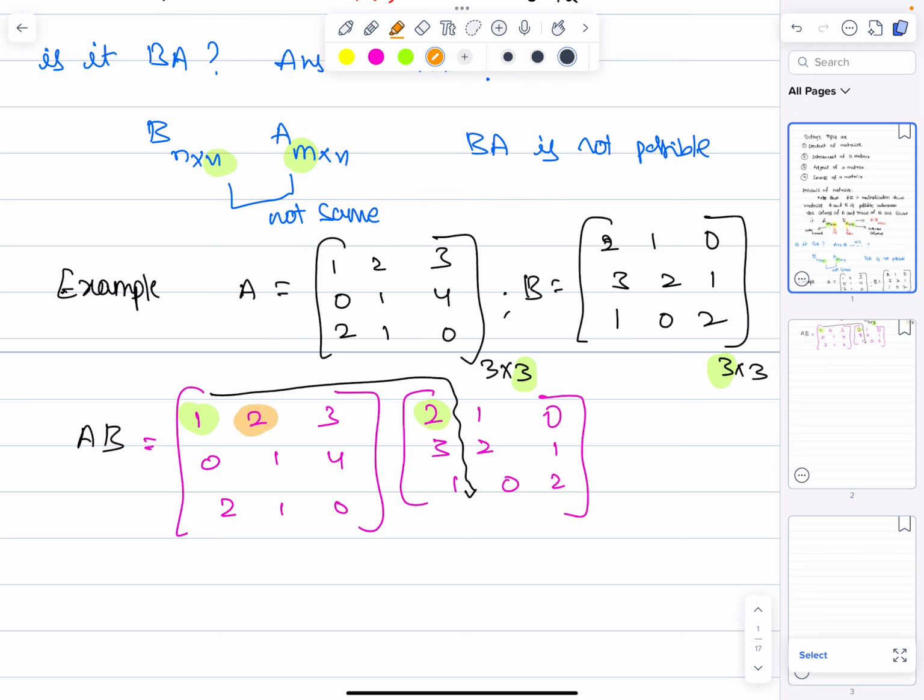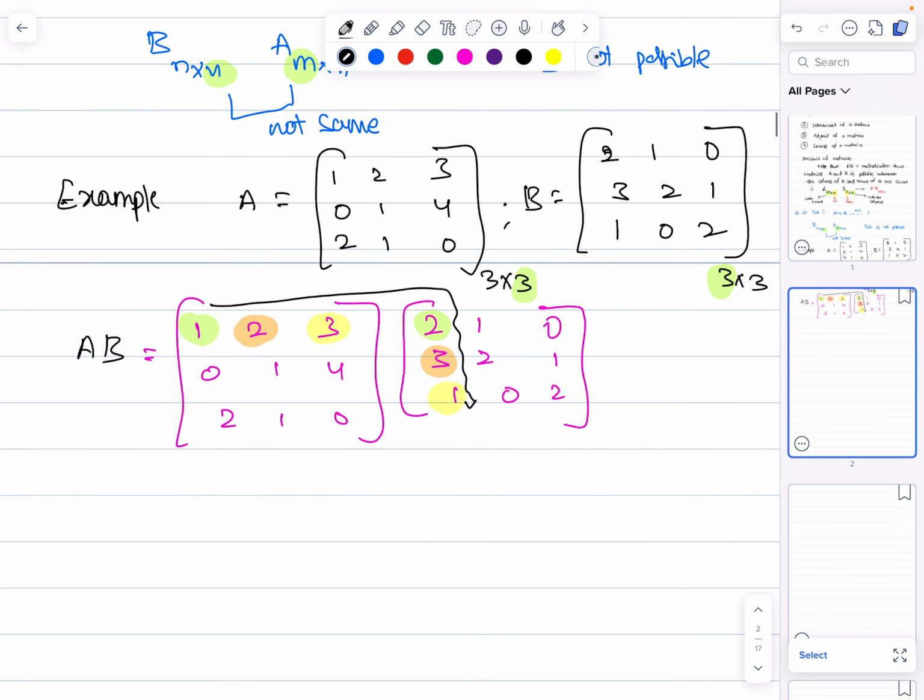So, if you multiply, you are getting 1 into 2 plus 2 into 3 plus 3 into 1.